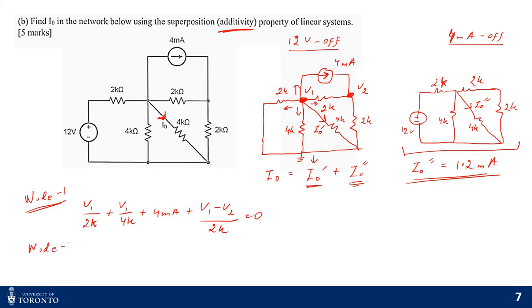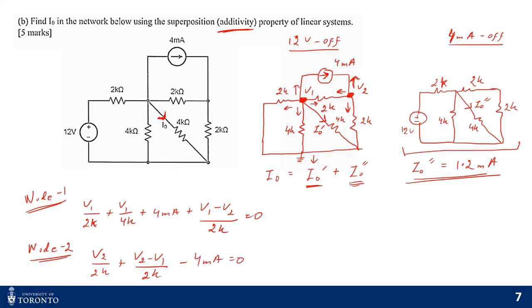At node 2, I'm going to have my second equation, which is also current going out. It's going to be V2 by 2K plus V2 minus V1 by 2K. Since this current direction and the original direction are opposite, I consider minus 4 milliamps is equal to 0.